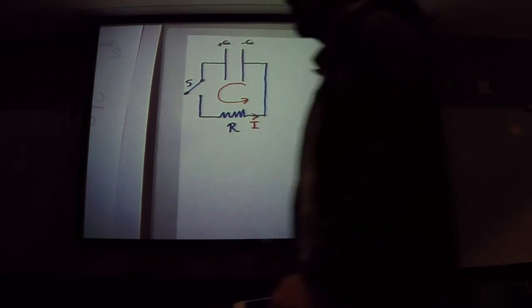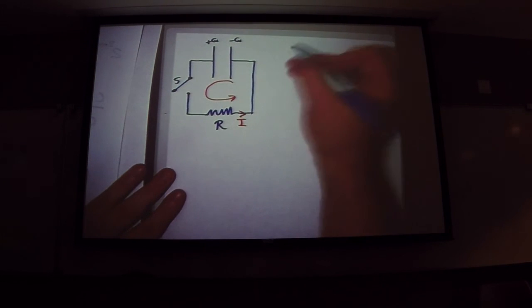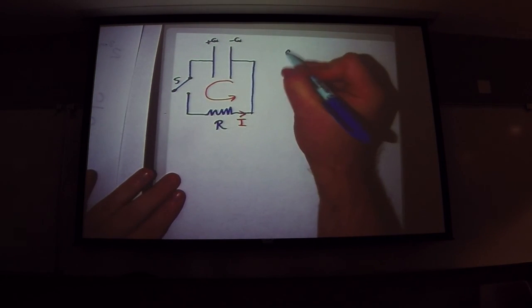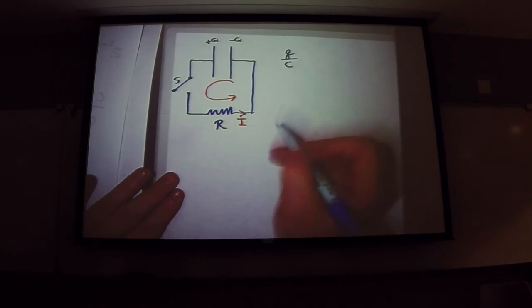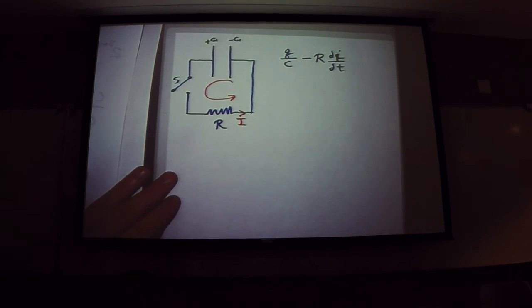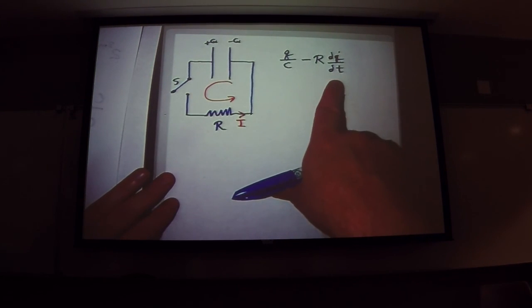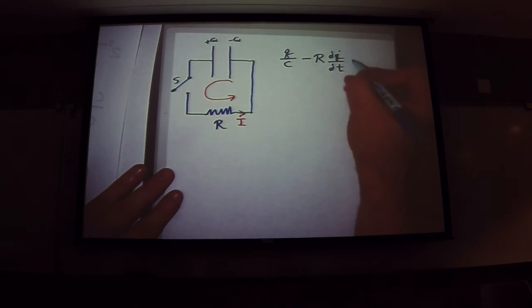And so what I would get for my differential equation, as functions of time now, is Q over C minus R dq dt, where dq dt is the current, equals 0.